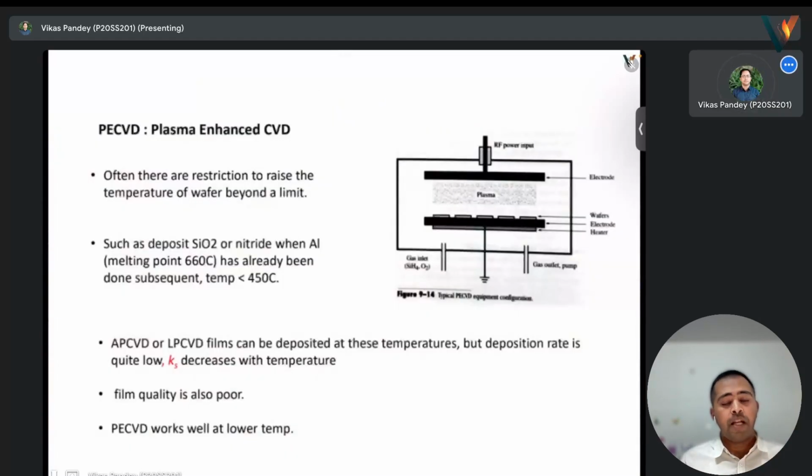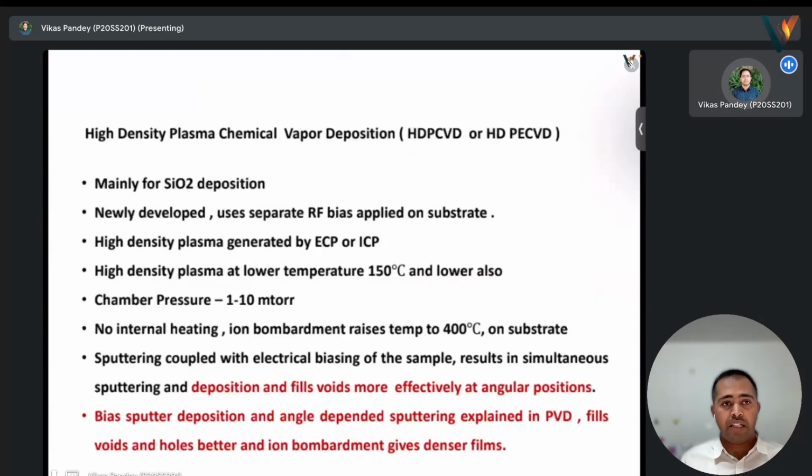Then plasma enhanced CVD, in which plasma is used to enhance the reaction. Then high density plasma, where the intensity of plasma is high, and it can be used for lower temperature deposition, so 150 degrees or something. Sometimes in CVD you go to 800, 900, 1100 degrees Celsius also. So this can be done at a lower temperature with the help of plasma.